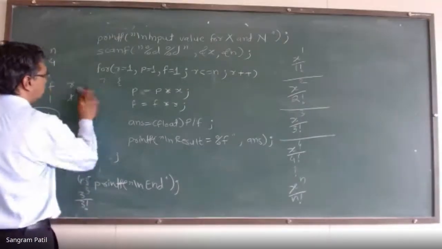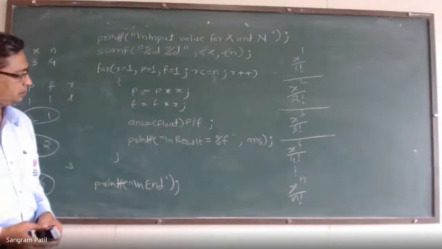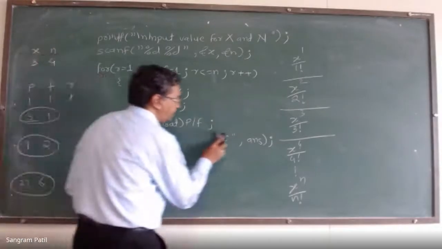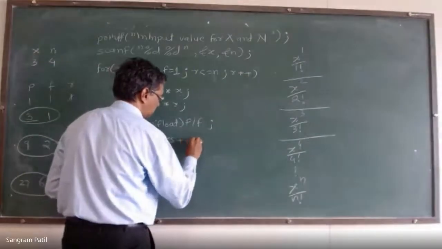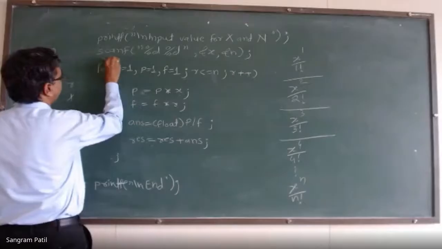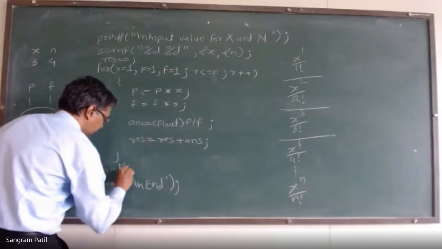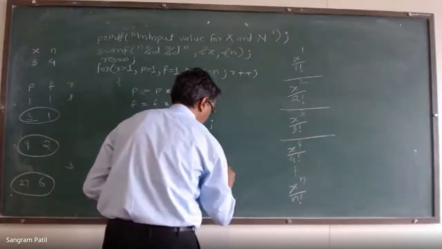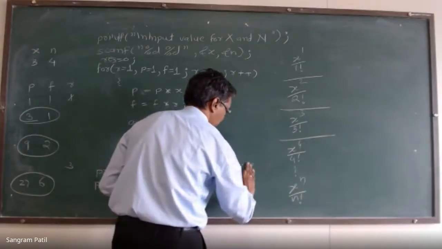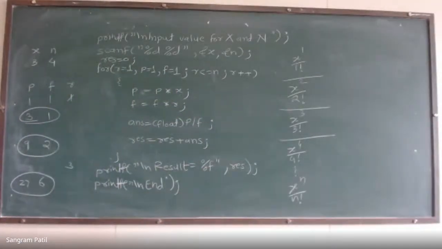Now if I modify this as, give result as 0. Now what will happen? आता काय होईल?